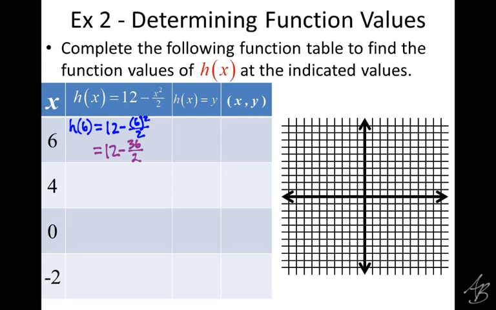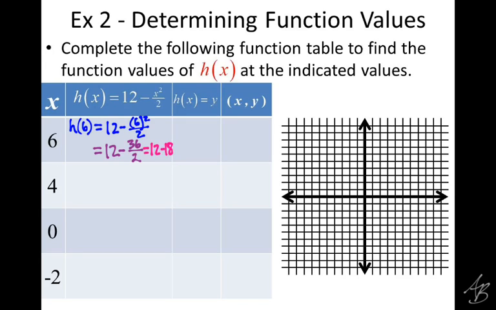Now we have subtraction and division. Division comes first, right? So we have 12 minus, what's 36 divided by 2? 18. So we should actually have 2 steps in here because we have 3 things to do to simplify it. The first 2 things that we do, we need to put in our chart here, and then 12 minus 18 is negative 6.